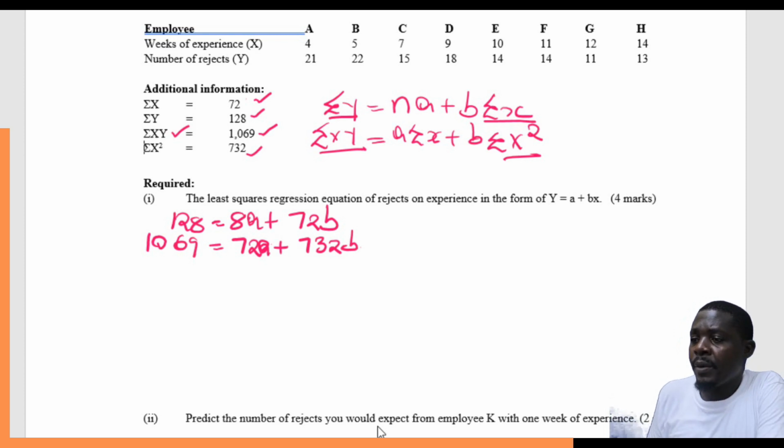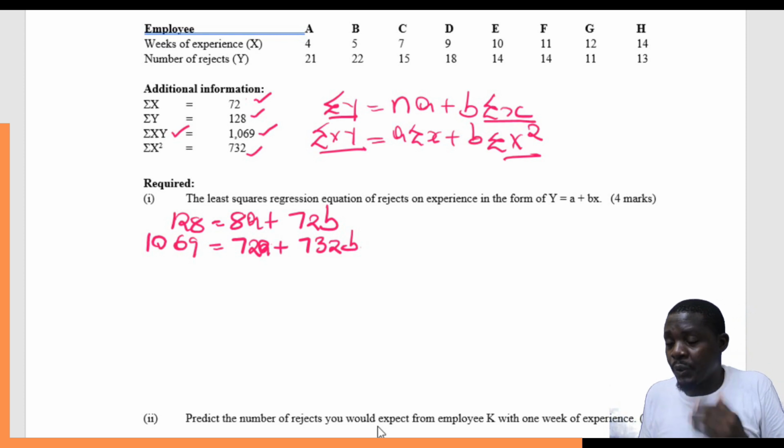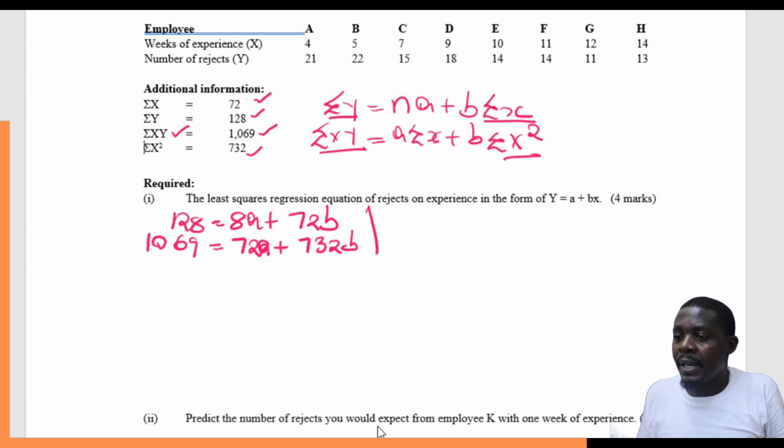We can either use the elimination method or substitution. Let me use the elimination method and eliminate a. The LCM of 8 and 72 is 72.